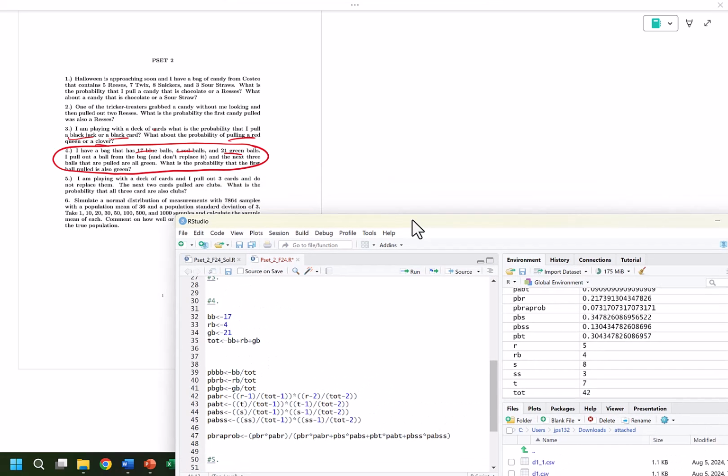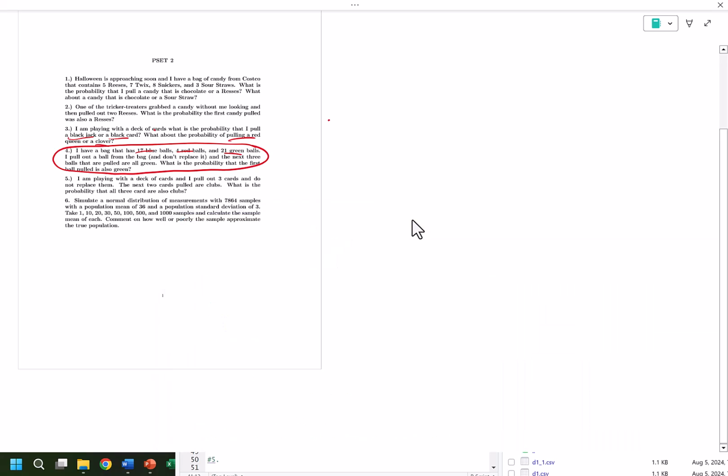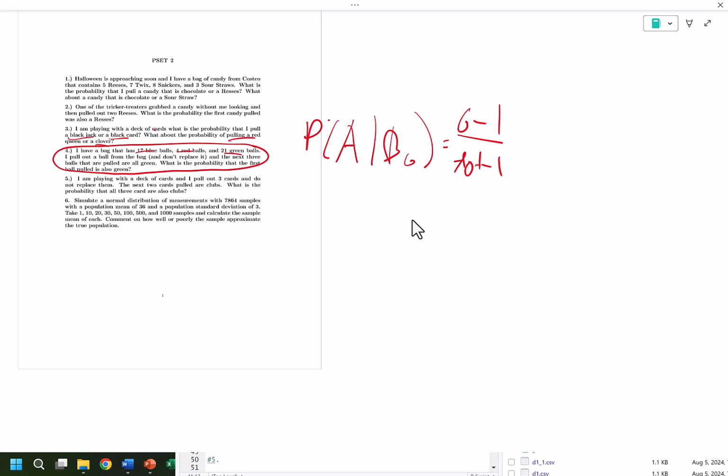When we're trying to figure out, for example, the probability that I'll pull 3 green given that a green has occurred already, that's just going to be your green ball -1 over tote -1 times green -2 over tote -2 times green -3 over tote -3.